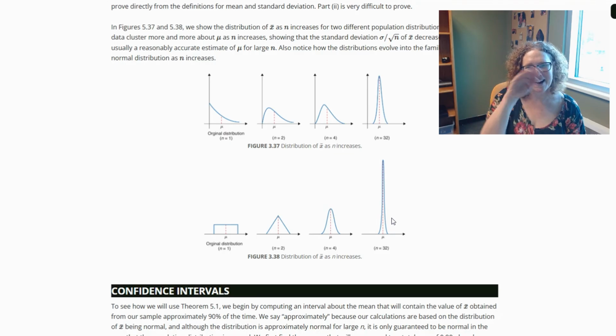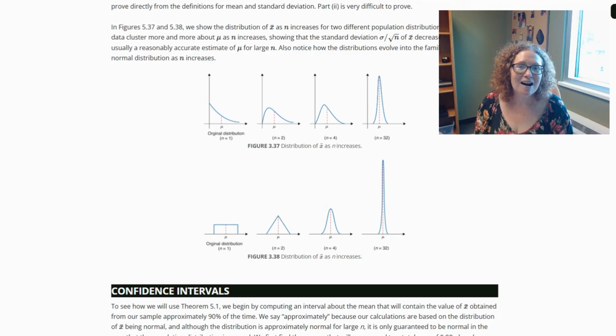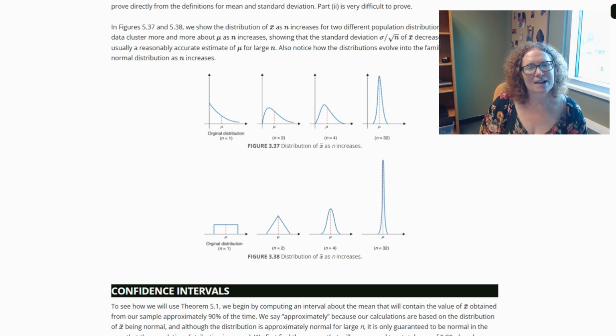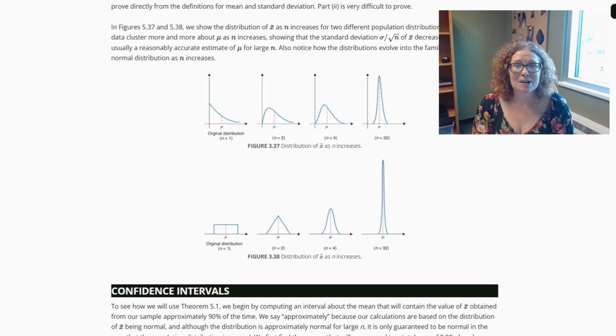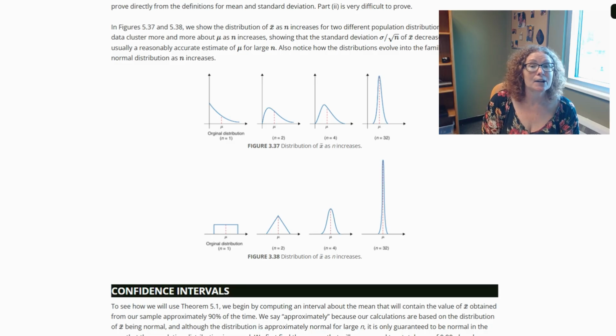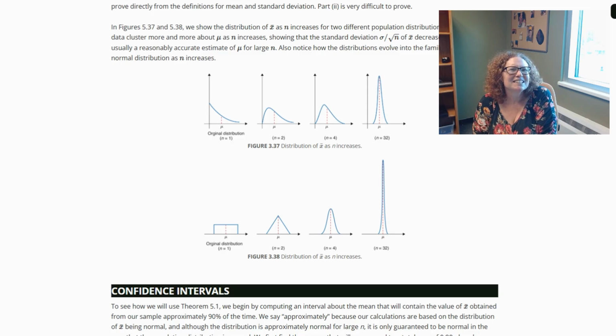So we want to sample as much as possible to be as accurate as possible. If not, we can only give an educated guess, as best as we can.